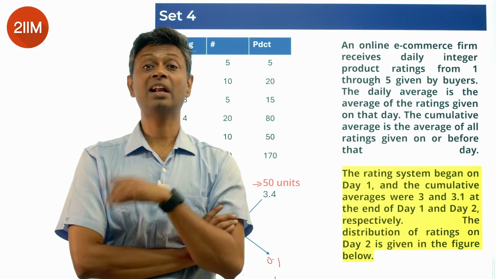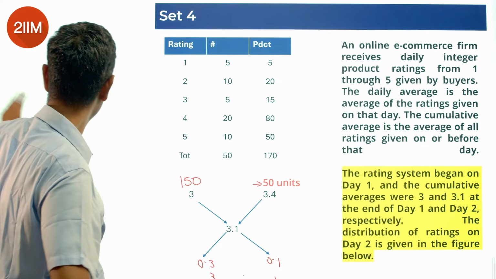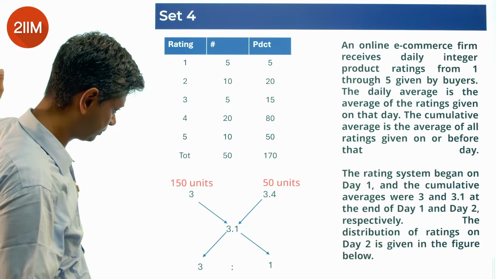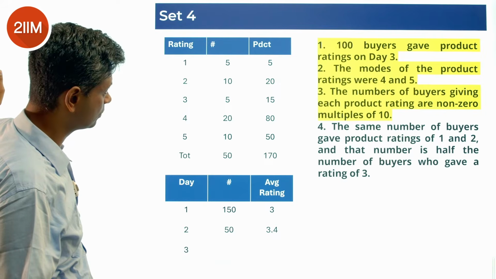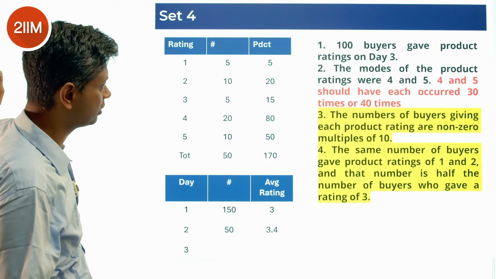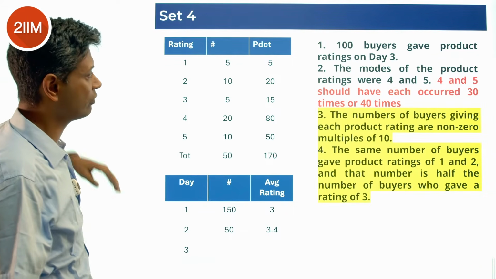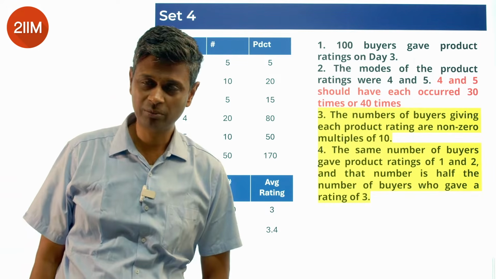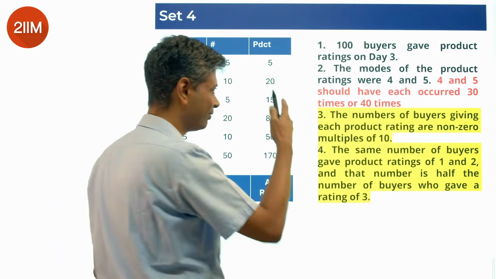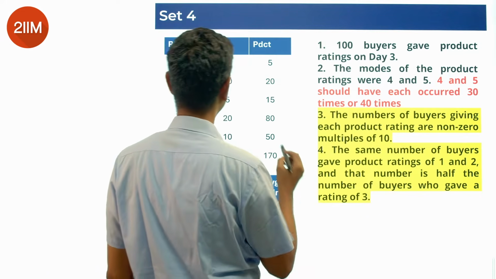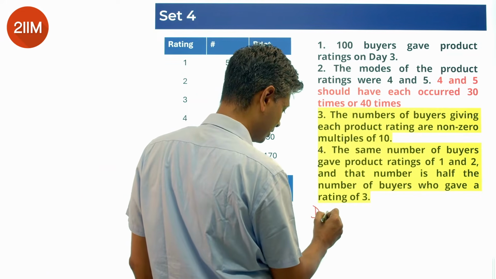On day 3, there are 100 buyers whose average we can also find. Modes were this. We did this. 4 and 5 should have each occurred 30 times or 40 times. It could not be 40, it has to be only 30. So for day 3, we put in the details.